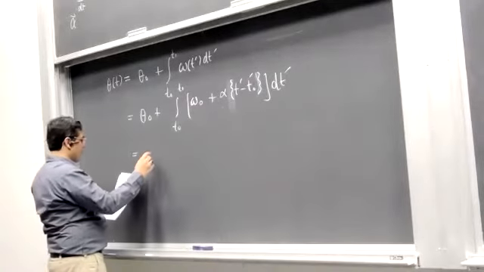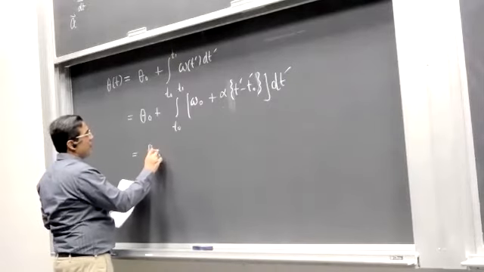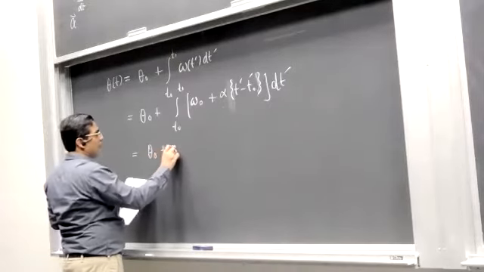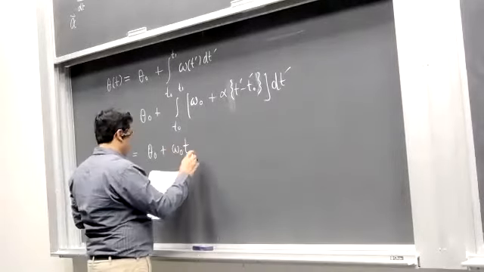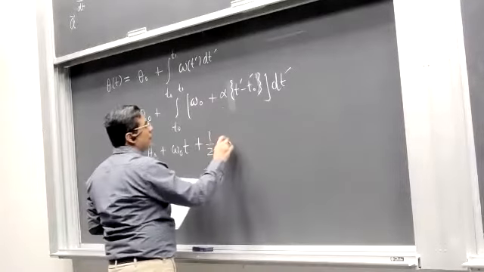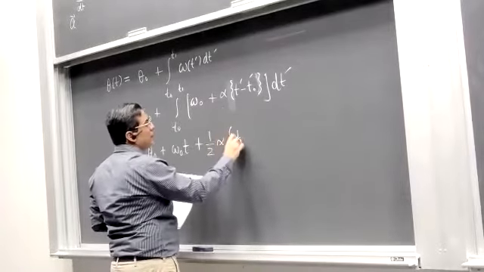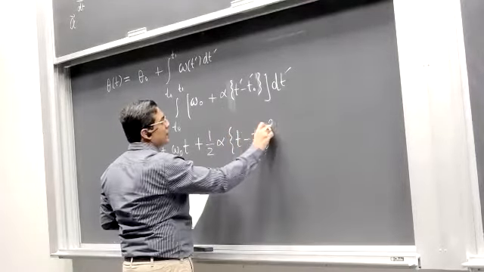Then if you do this integration for constant alpha, you get this relationship: theta naught plus omega naught t plus half alpha times t minus t naught squared.